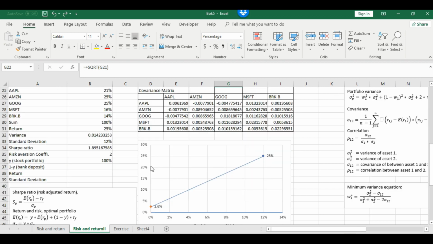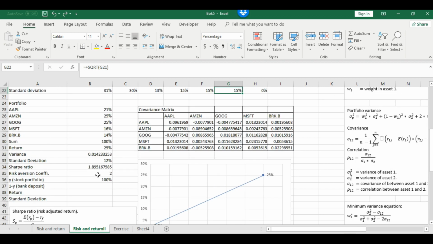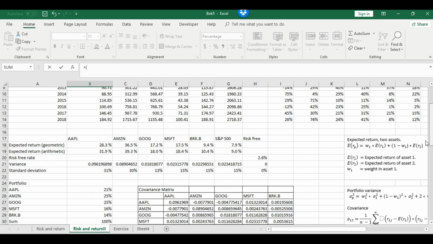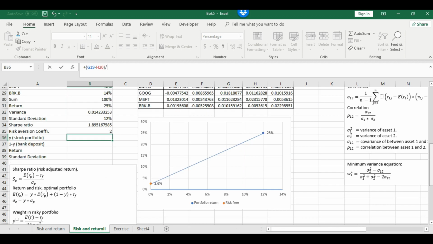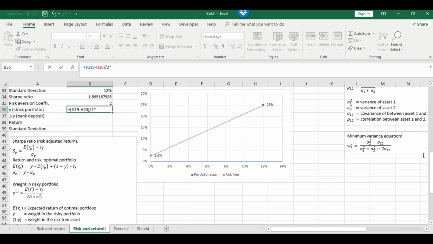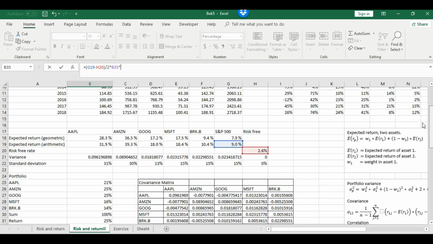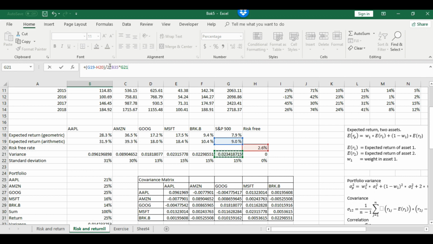So with the risk aversion coefficient still as 2, you take the expected return, in this case the S&P 500, minus the risk-free rate 2.6% divided by 2 multiplied by the risk aversion coefficient and multiplied by the variance of the S&P 500, set the brackets.